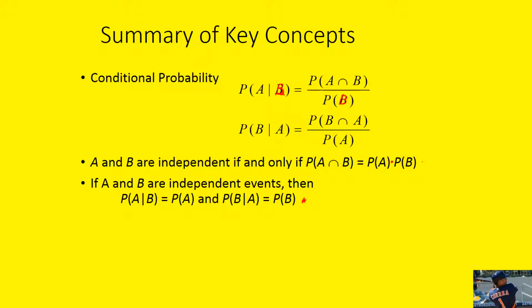This one I would say is useful for doing problems. This one I would say is intuitive. It kind of makes sense as far as what we think independence ought to mean. You know, this B doesn't really matter. Probability of A is just probability of A, regardless of what event B wants to do.